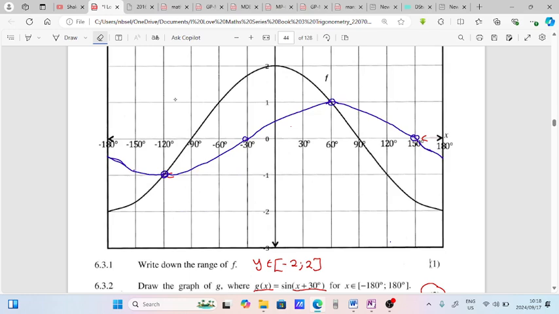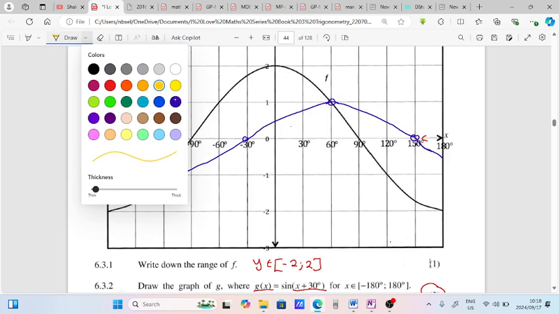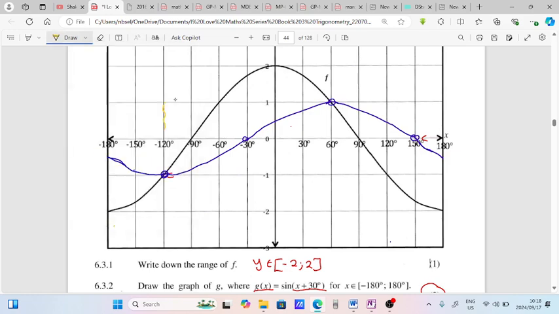At a turning point the gradient is 0 because the graph is changing direction. Let's check from this level because that's where there is a turning point.